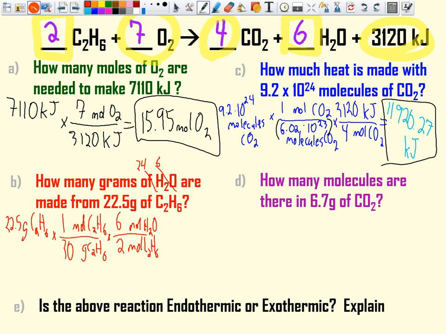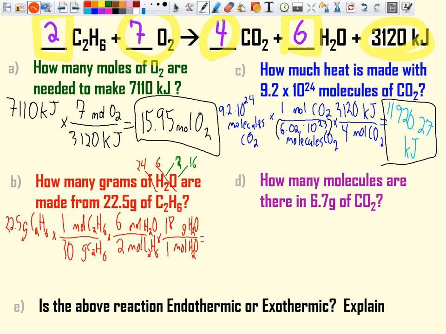Now, continuing on, I don't want moles, I want grams. So I'm going to bring my moles of H2O down, change it to grams of H2O. This is the first conversion we did, but we're going to do it again. This time it's 18 grams to 1 mole, and that is because water is 2 and 16. Add those together, you get 18.